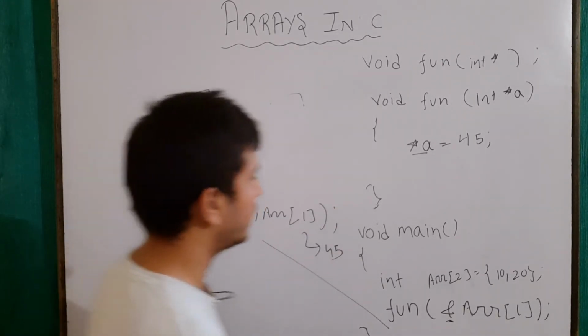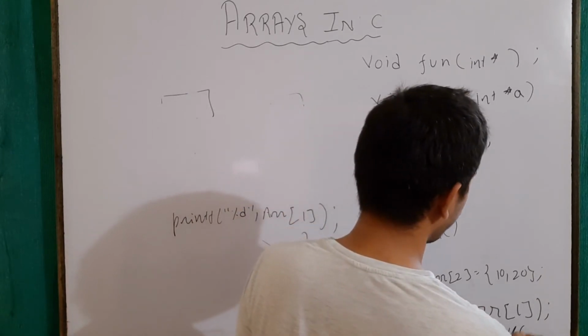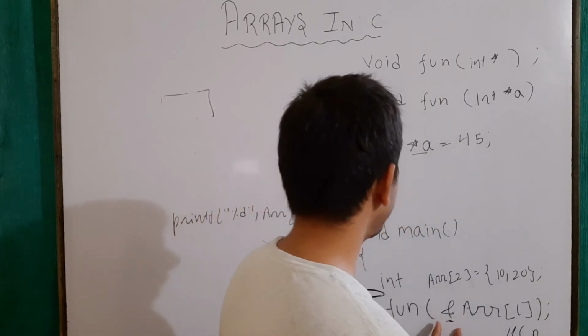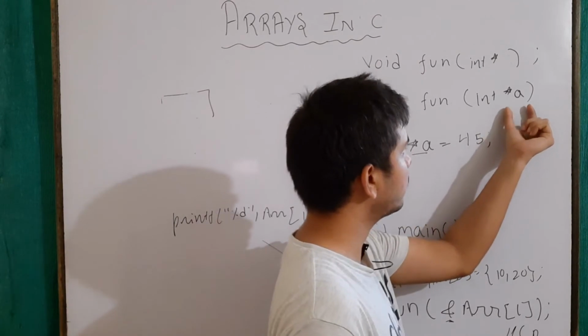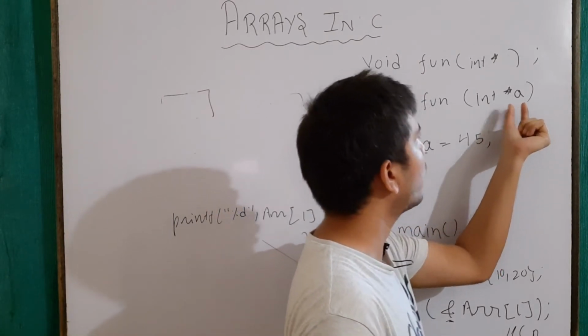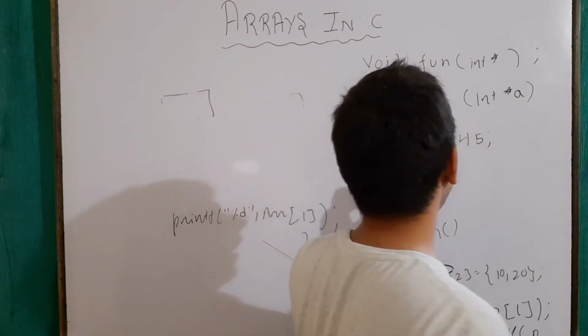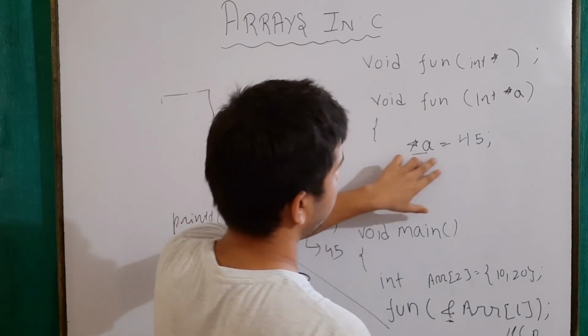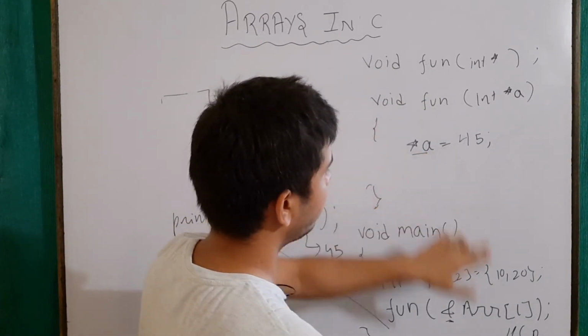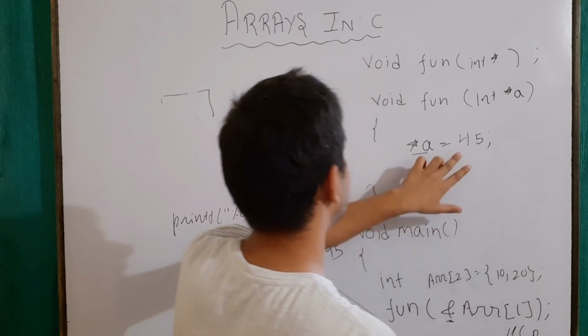Why? Because right now I am sending it by call by reference. I am sending the address, and the same address is now pointed to by the variable a, and I am changing whatever is present in that address to 45. So what was present previously was 20, now it will be changed to 45.